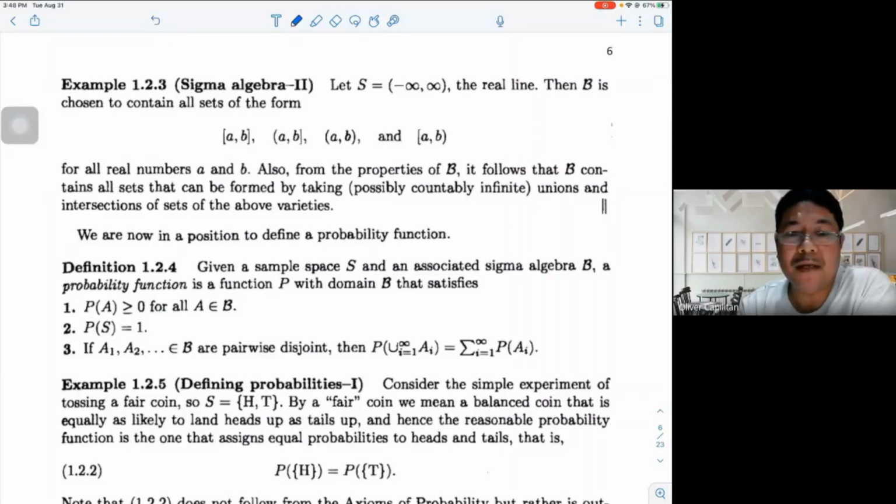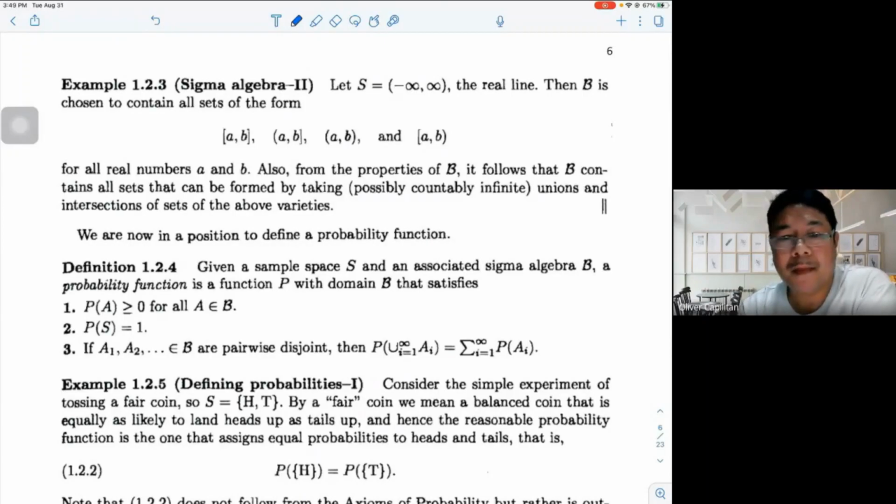Script B is chosen to contain all sets of the form: the closed interval [a, b], the open-closed interval (a, b], the open interval (a, b), and the closed-open interval [a, b), for all real numbers a and b.